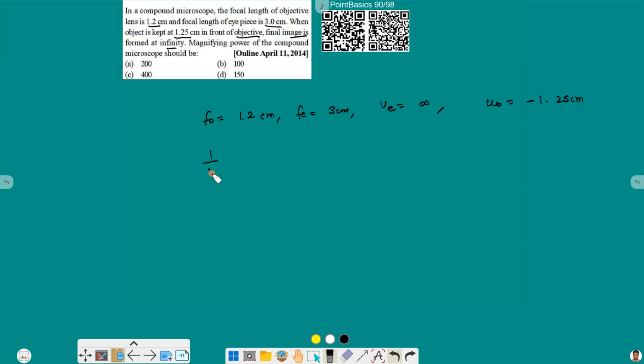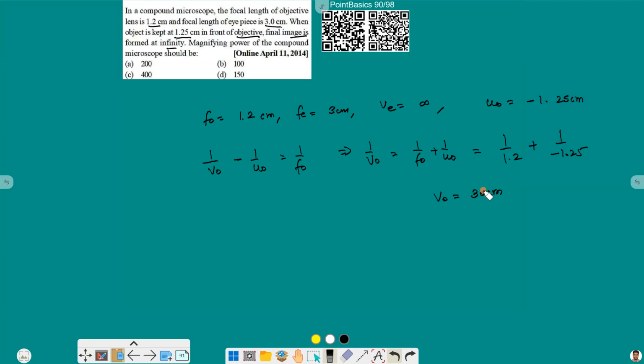So using the lens formula, 1 by V of O minus 1 by U of O is equal to 1 by F of O, and from this we will get 1 by V of O is equal to 1 by F of O plus 1 by U of O. Now this will be 1 by 1.2 plus 1 by negative 1.25, and solving this we will get V of O is equal to 30 centimeter.